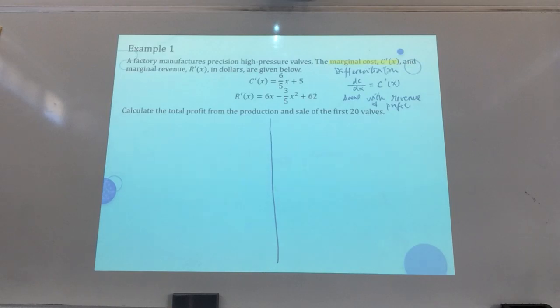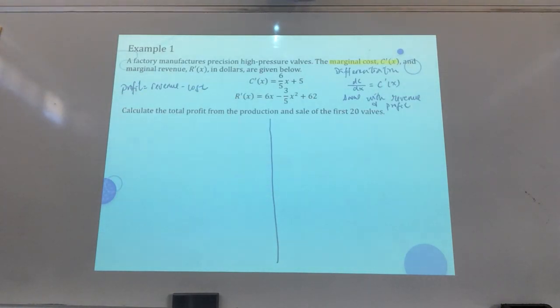It's the same with revenue and profit as well. And profit is revenue take away cost. Those are the things I discussed in differentiation, which you have to bring back here.